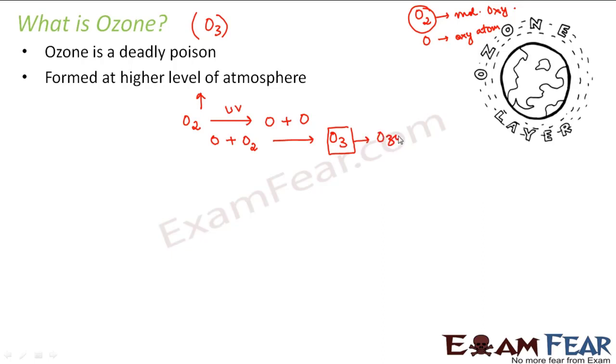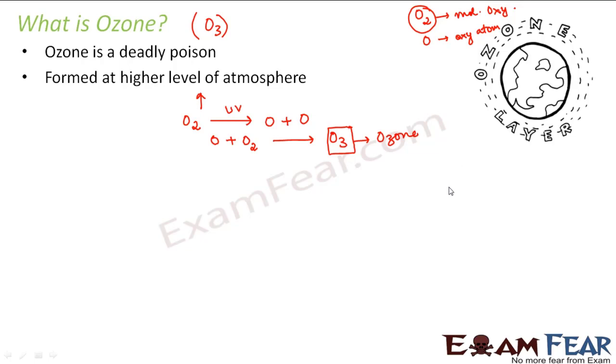This is how ozone is formed, because at the higher levels of the atmosphere there is too much molecular oxygen available. Whenever ultraviolet radiation falls, this oxygen will break down into atomic oxygen, and then this atomic oxygen again combines with molecular oxygen to form ozone.